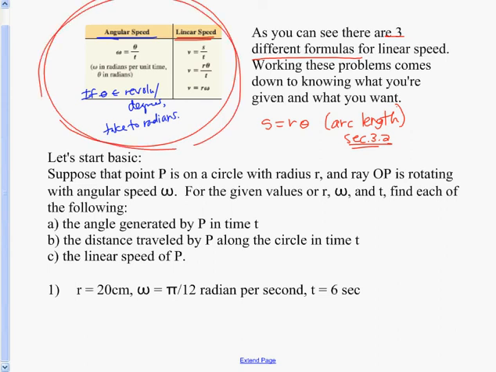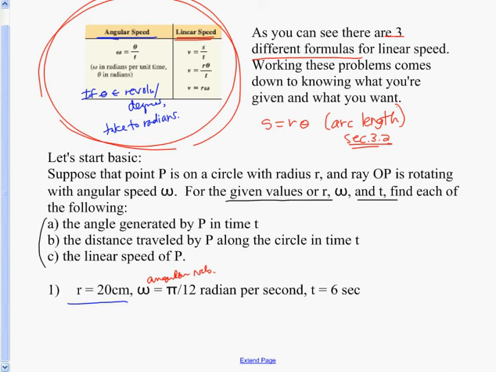Okay, so I have a point P on a circle with a radius of r. The ray is rotating with angular speed omega for the given values of r, omega, and t. So they're giving us these values. We want to find the following. So let's just see what we're given. The radius is this. Angular velocity is this.